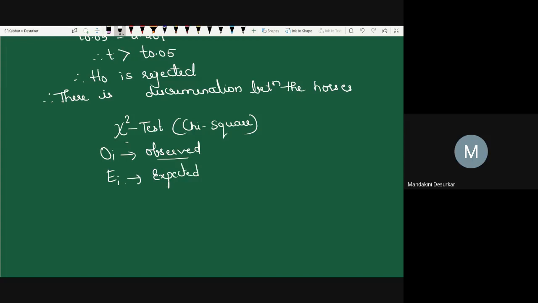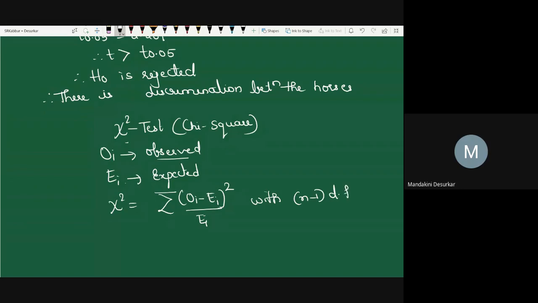Once this has been done, we define our chi-square to be the summation of OI minus EI, the whole square, divided by EI, with n minus 1 degrees of freedom.